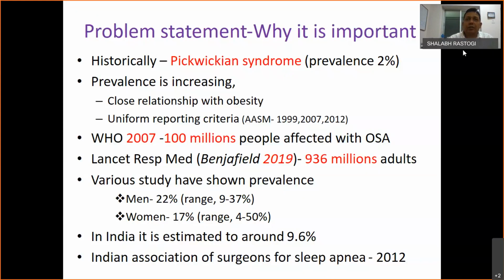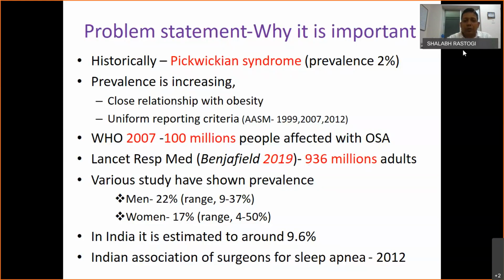Thereafter there was a period of silence, and in the last 10 to 15 years it has regained its importance and the prevalence has also increased, maybe because it is closely related to obesity, or because of uniformity in the criteria all over the world.